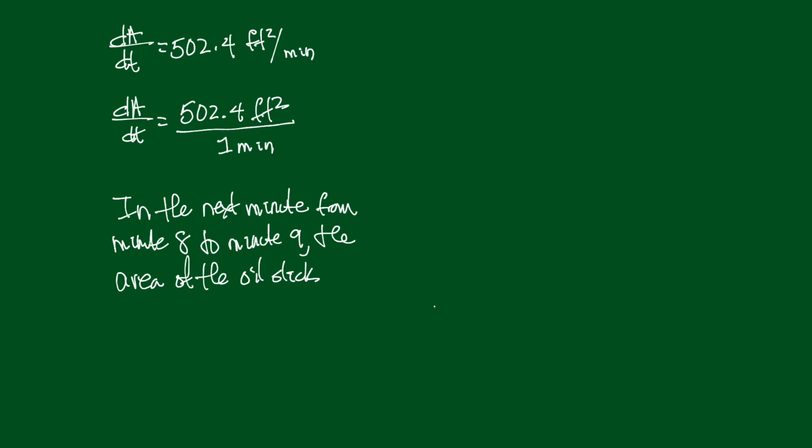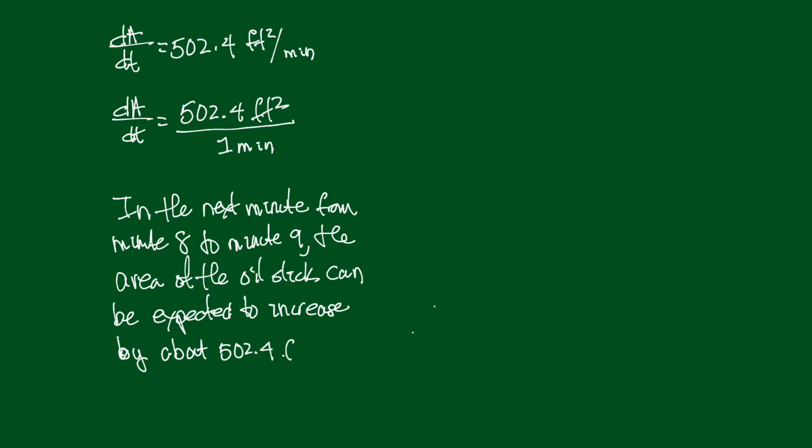The area of the oil slick can be expected to, now I'm going to say increase, so I'll tell you why for sure in a minute here. Increase by about 502.4 square feet.